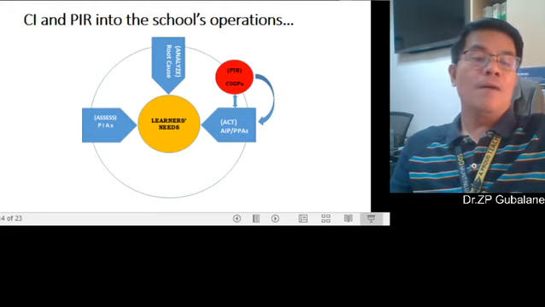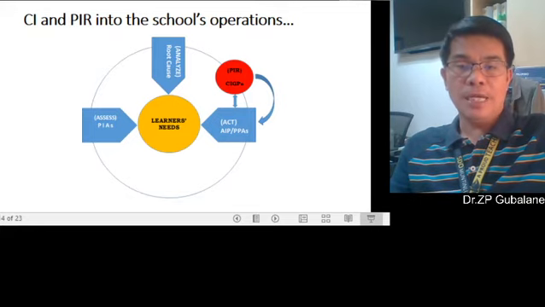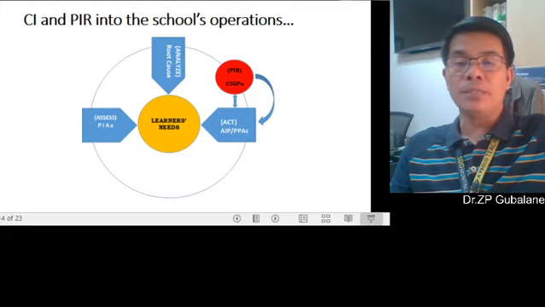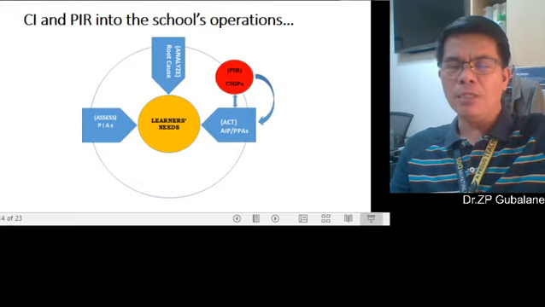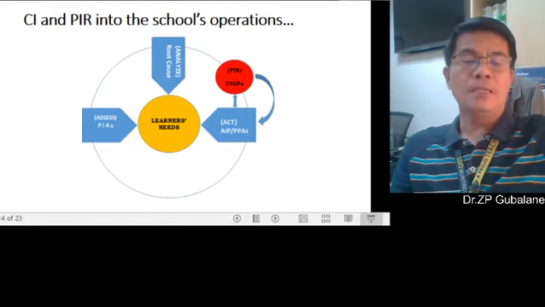So assessment, there is an output there. After the assess phase, you can actually come up with priority improvement areas. So what are the priorities with all the needs discovered, found out during assessment?